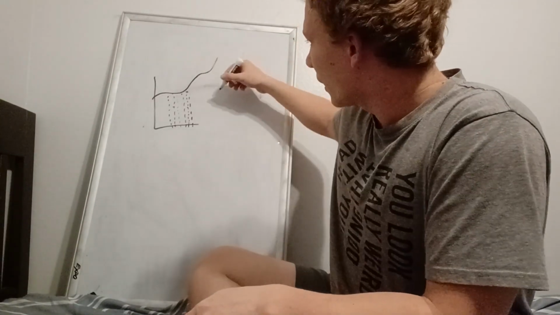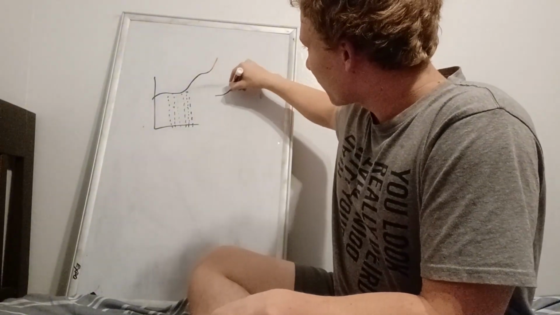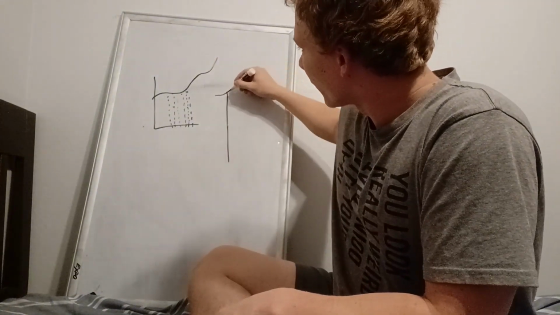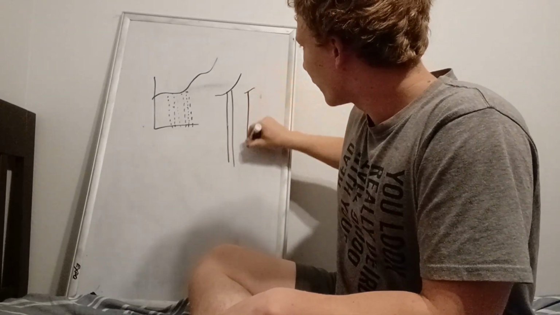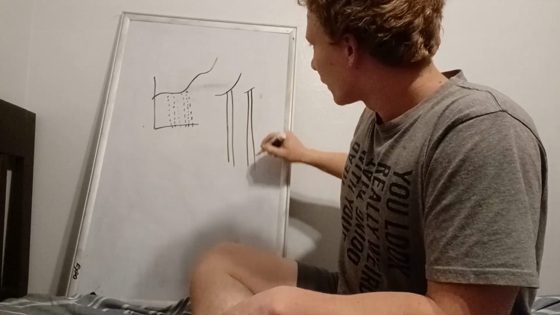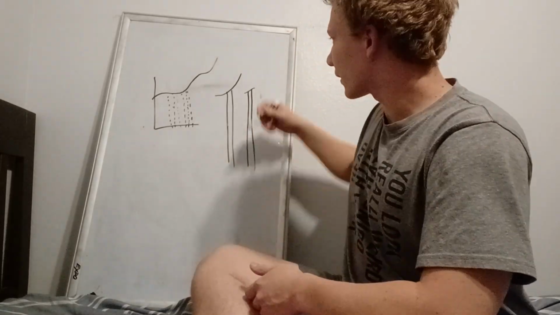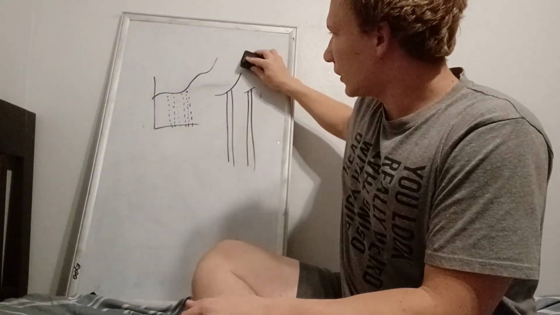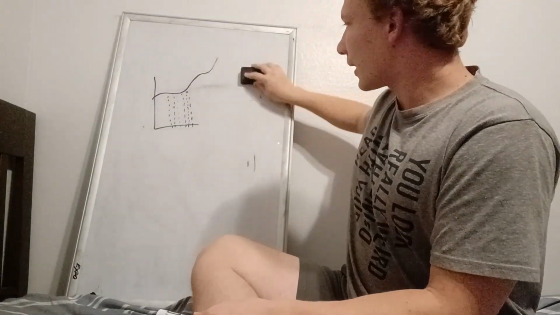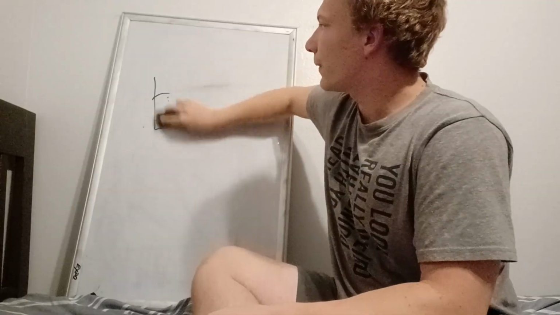If you zoom in all the way, maybe it'll look like this. You zoom in more, and it looks like an actual shape that you can calculate, right? It looks like a trapezoid. This is the idea of an integral, to make it so that those rectangles approach infinity in number, right? So they approach 0 in width.